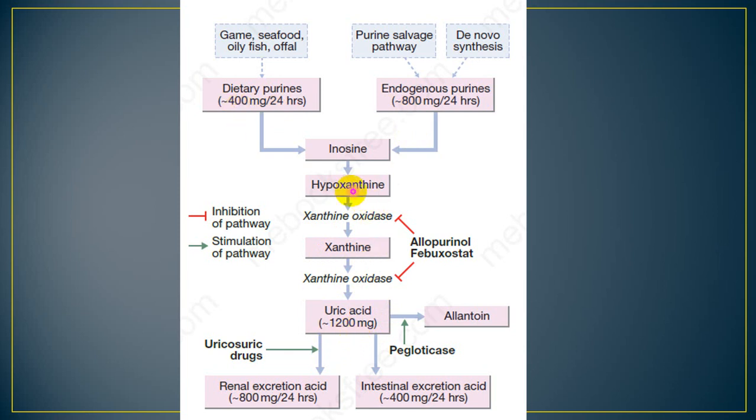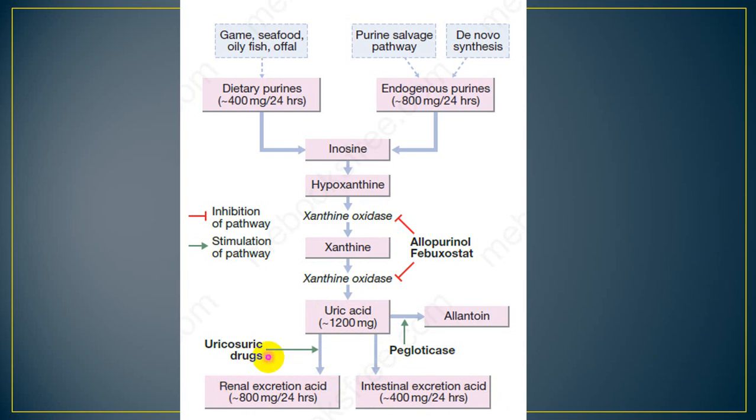Now, in order to maintain body uric acid at a strict level, the body needs to get rid of this extra amount of uric acid. How do we get rid of this uric acid? 1/3 of this amount will be excreted via the gut or bowel, while 2/3 in the kidney.